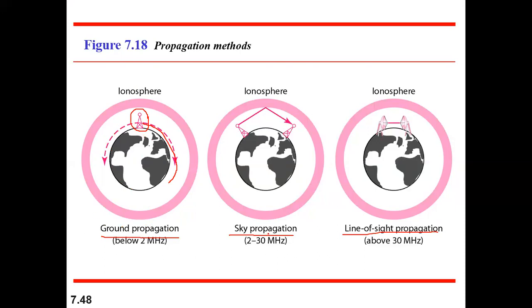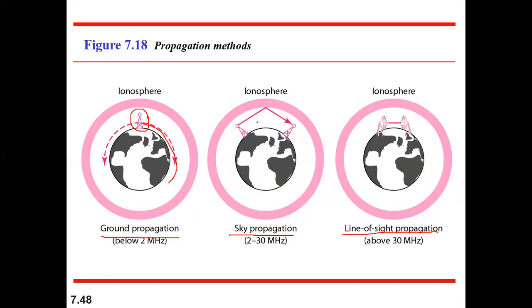Now for sky propagation, what you have is, normally in ground propagation, you would transmit radio signals of low frequency, but in sky propagation, you would be transmitting signals that have a bit higher frequency.